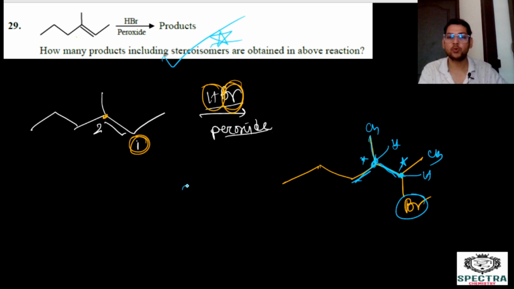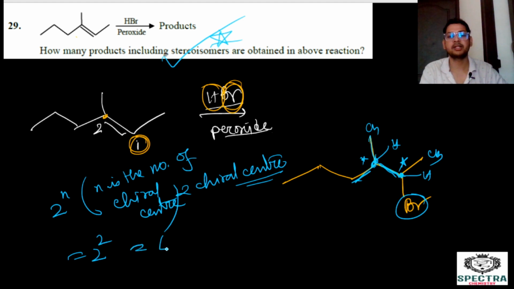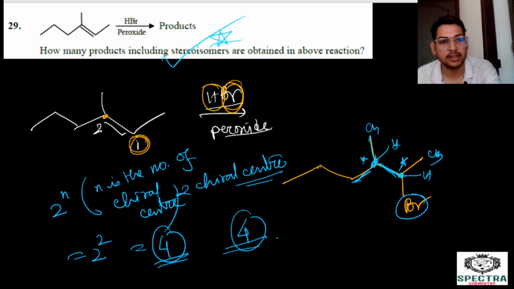So 2 chiral centers. So how many stereoisomers? Sir, formula I know, 2 to the power n, where n is the number of chiral centers. So 2 to the power 2, that means 4 will be my answer. So easy, right?